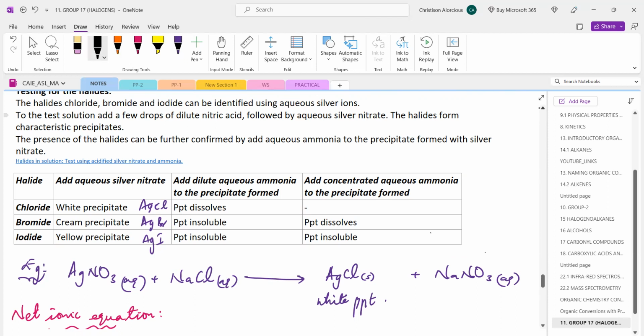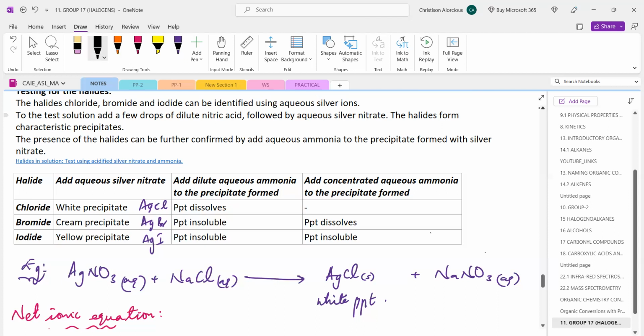So when you do your practicals, please remember that you allow the precipitate to stand and you mark its level on the test tube. Then you add a lot of excess aqueous ammonia that you were given in the laboratory, shake it well, and then allow the precipitate to settle again and check.